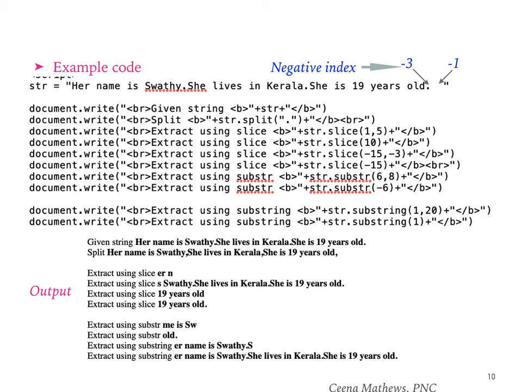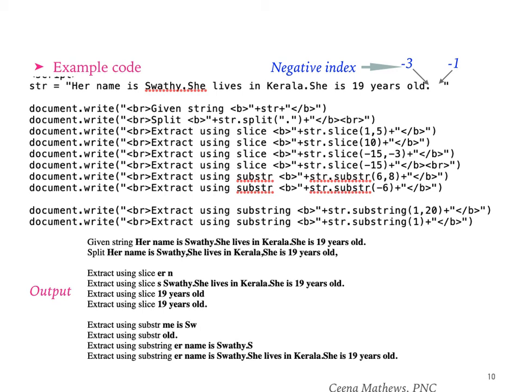Based on that, it will extract three substrings. Based on the dot, it does the splitting and returns the values. You can see in the output, "Her name is Swati", comma, "She lives in Kerala", since it displays the output comma separated: the first substring followed by a comma, the second substring followed by a comma, and so on, the third substring followed by a comma.